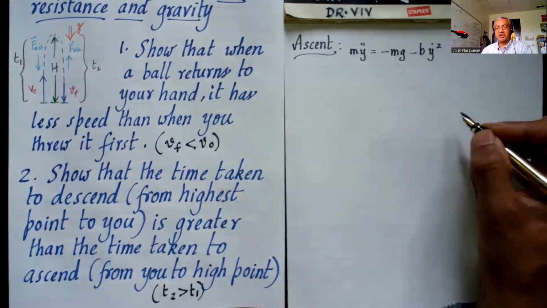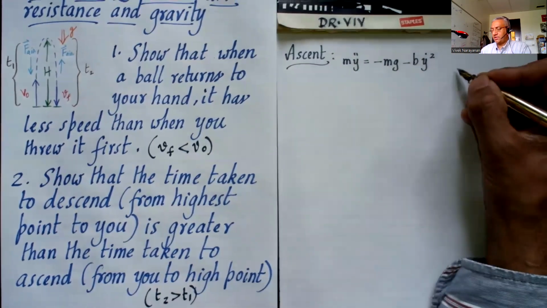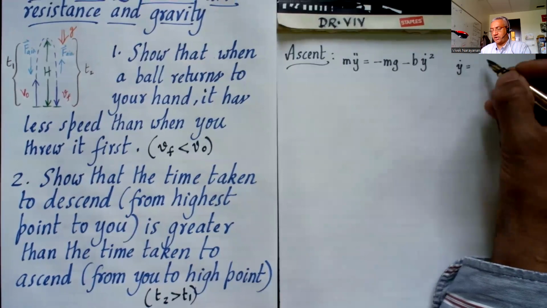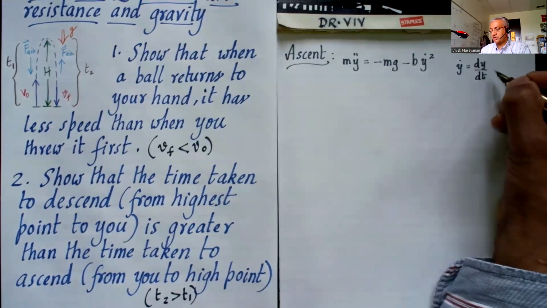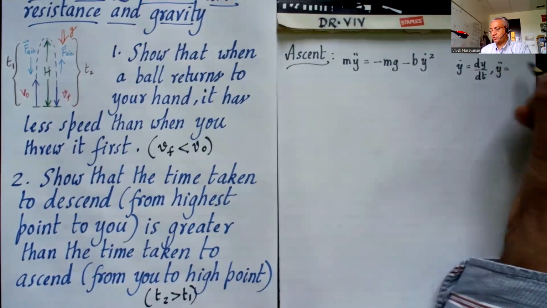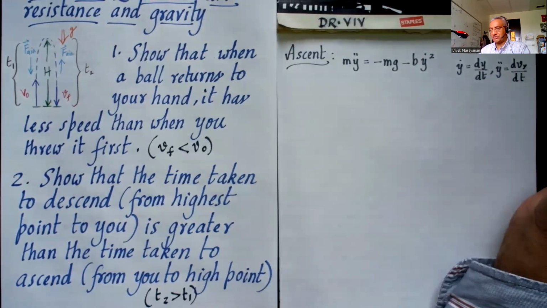Here I'm using Newton's notation, whereby dots refer to the time derivatives. So y dot is dy by dt, and y double dot is the derivative of the y velocity by dt, or in other words, the acceleration.